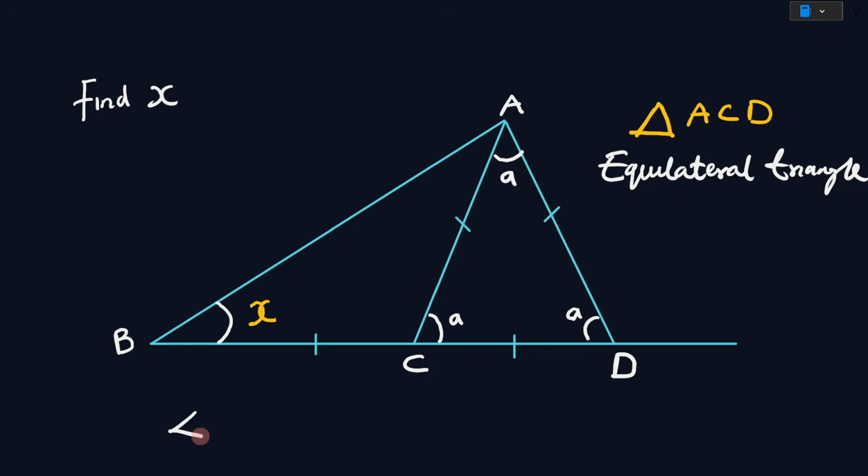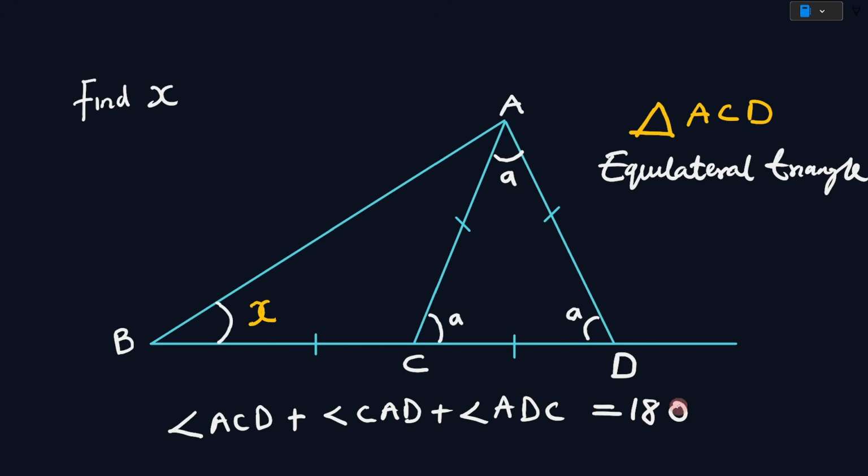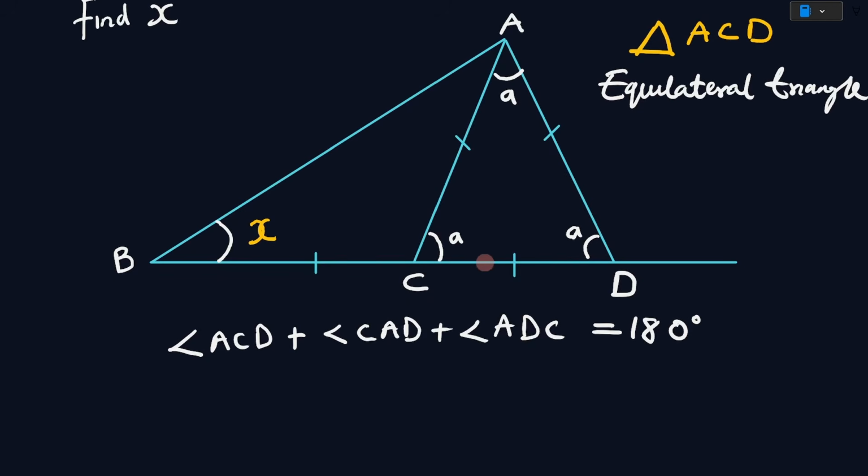That means angle ACD plus angle CAD plus angle ADC all should sum up to 180 degrees. We have assumed that each of these is A because they are all equal. That means A plus A plus A is still equal to 180 degrees.